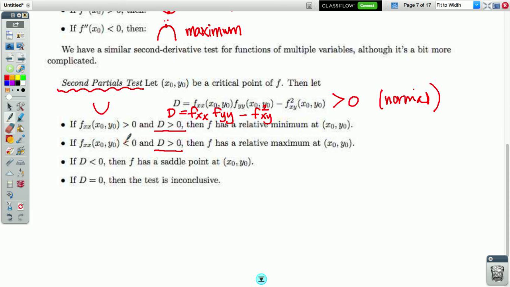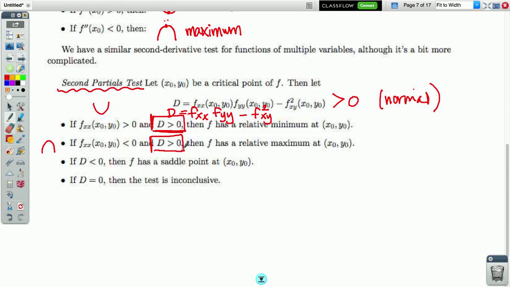If your second derivative, your second partial, is negative, you would be thinking of concave down, and you have a relative max.